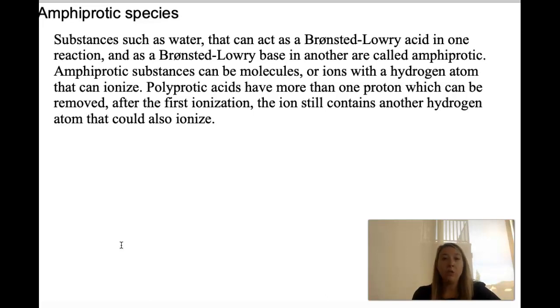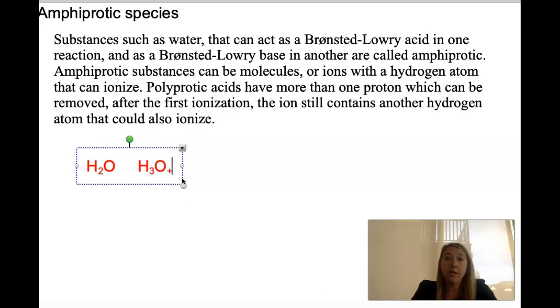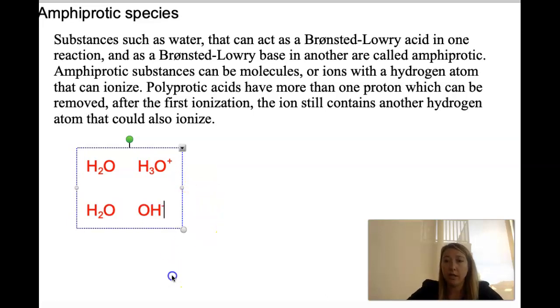So if you think about the two definitions that we just talked about, the Bronsted-Lowry acid and the Bronsted-Lowry base, we said that the Bronsted-Lowry acid was something that was going to donate a proton, right? So in some situations, we see that our water is going to wind up turning into hydronium. And then in other situations, we see that our water is going to turn into hydroxide.